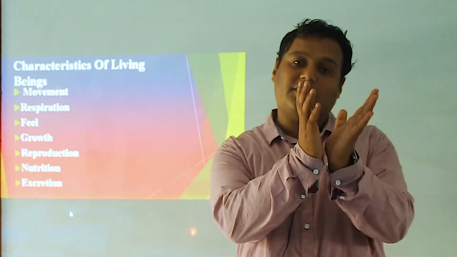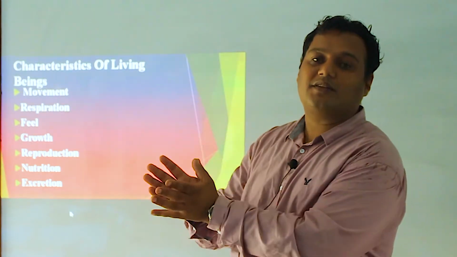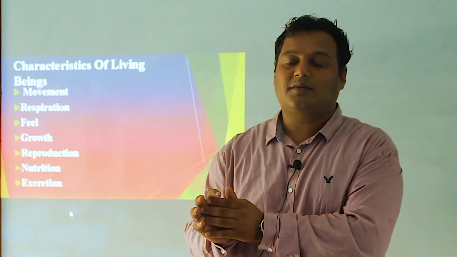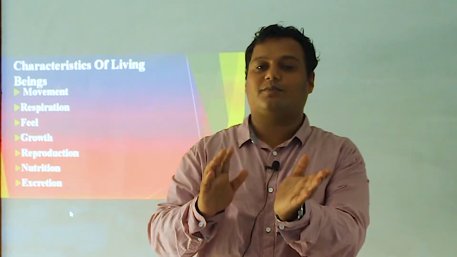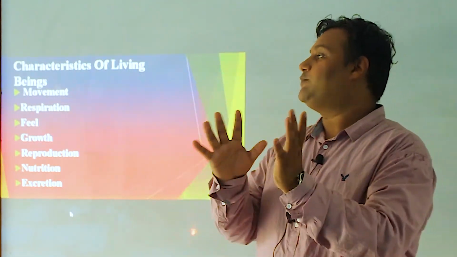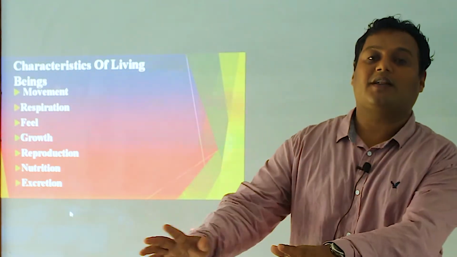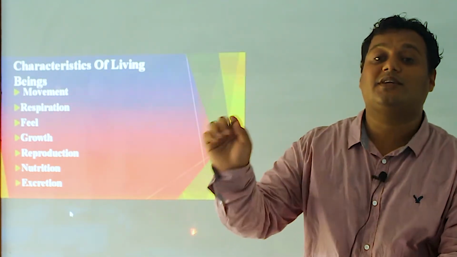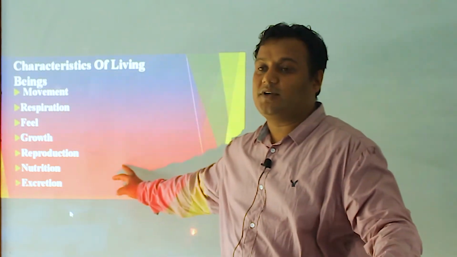That means a man gives birth to a man. A boy giving birth to a boy or girl is a different thing. The process of giving a new one which has characteristics similar to its parents, that is reproduction.